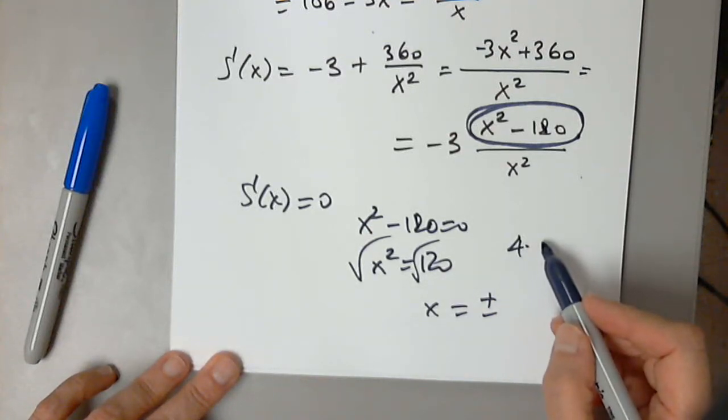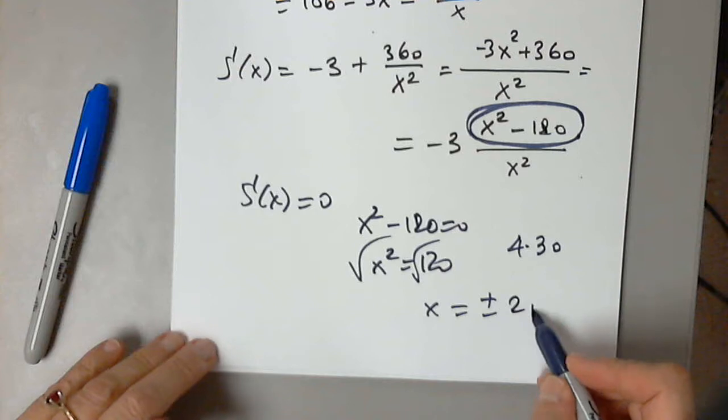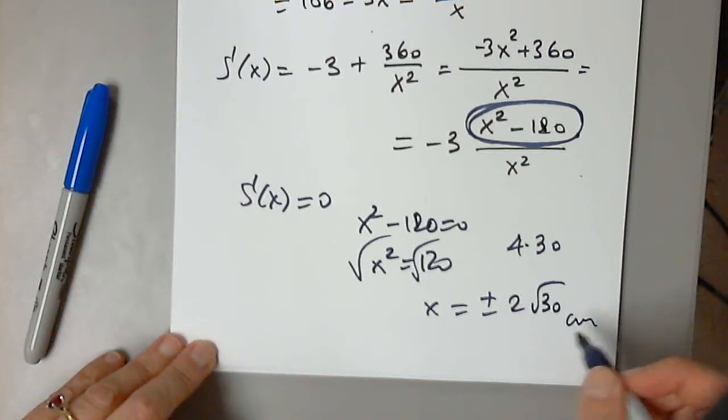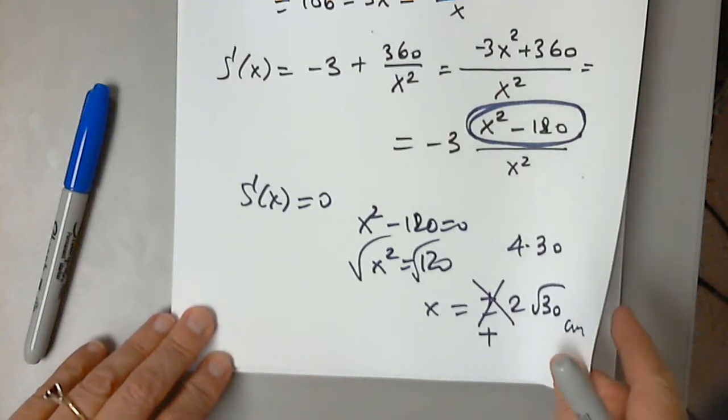120 is 4 times 30. So this is 2 the square root of 30 centimeters, and I'm going to cross this out, it's only positive. So we determined x.